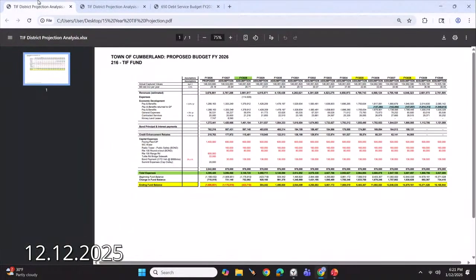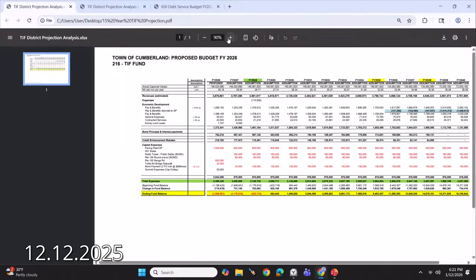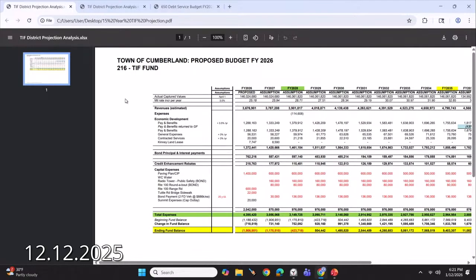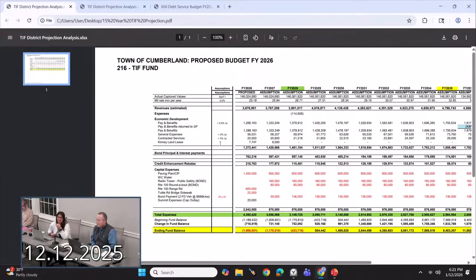So that's why I also provided you with some information in regards to our TIF. I know this is really tiny, but our TIF fund is one of those funds that we have out there right now that we're supposed to be looking at and should start looking at for a number of reasons.